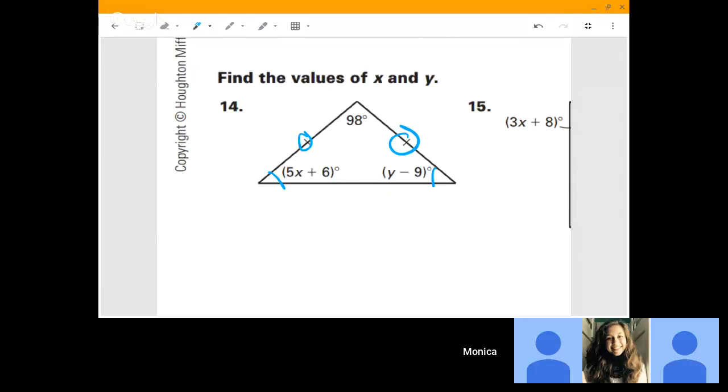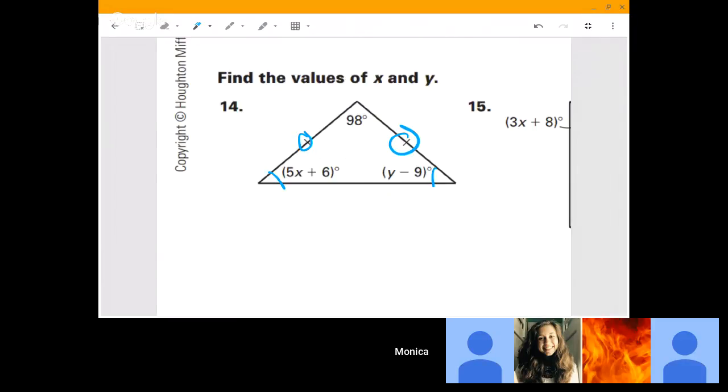Now, we do know that those two angles would be equal. We also know that the interior angles of a triangle we talked about a while ago add up to 180. So if we do that, we can see what the remaining angles of the triangle would add up to. So 180 minus 98 gives you 82.